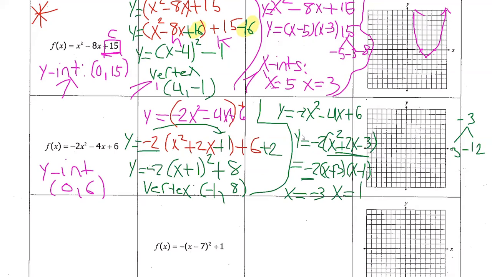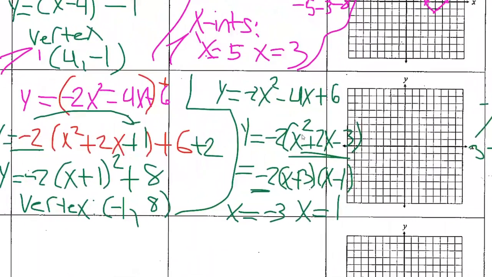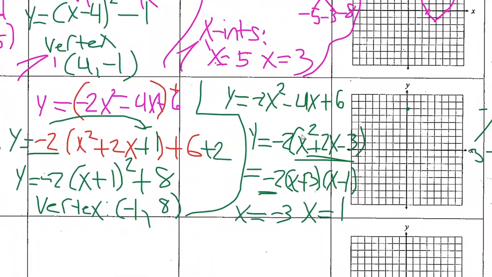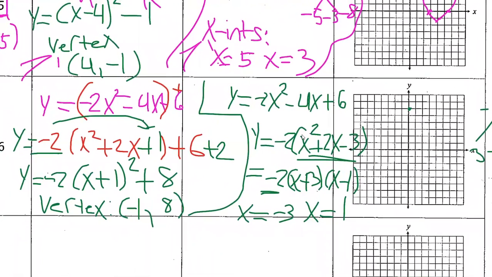Like I said, you could then use these pieces of information we got to make a quick sketch. I know the graphs on this sheet are honestly not very good graphs. They're kind of faded. But you could plot your y-intercept, 1, 2, 3, 4, 5, 6. Hopefully I'm counting right. Your vertex would be (-1, 8). I don't think that is on the graph. 1, 2, 3, 4, 5, 6, 7, 8.